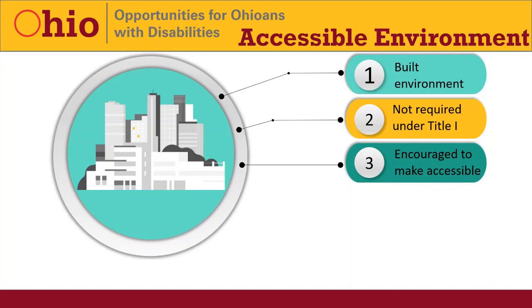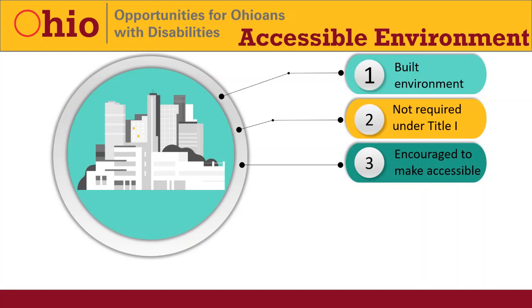The standards provide minimum requirements for new construction and alterations of existing buildings. So this is a good resource to consult for both an understanding of what those accessibility guidelines are, but also for any guidance on the responsibilities you may have under Titles 2 or 3.